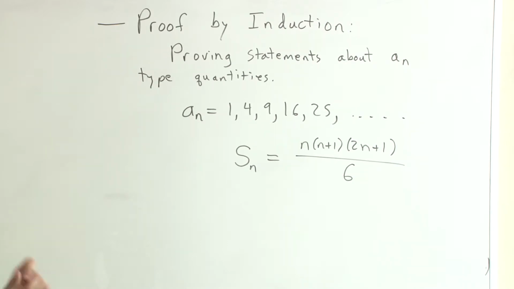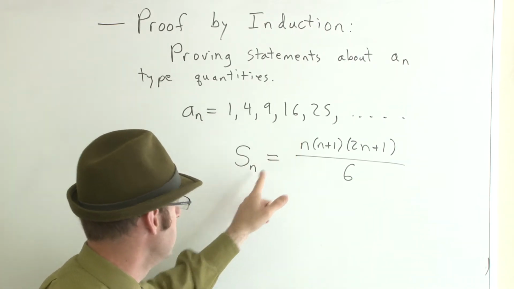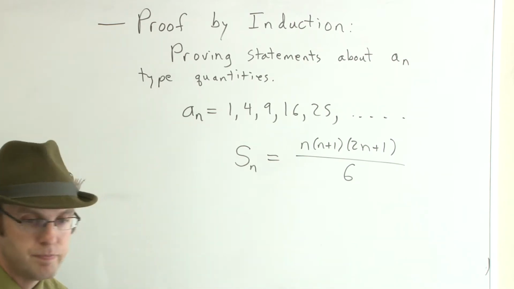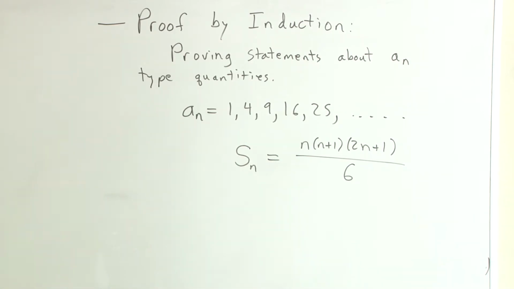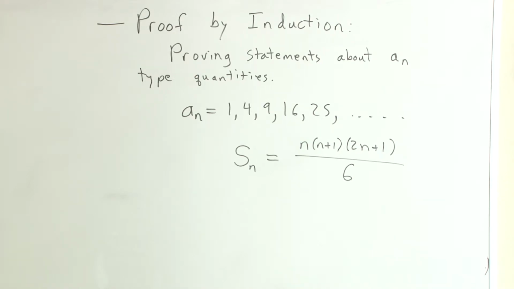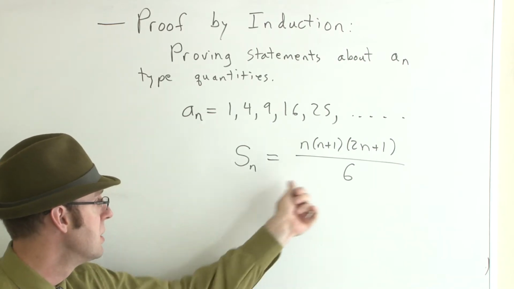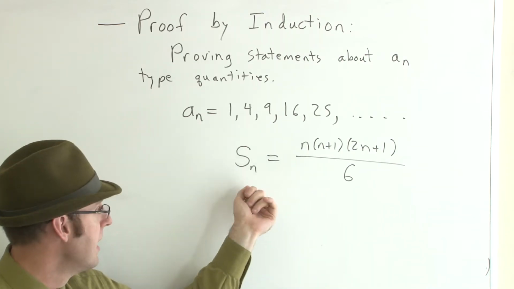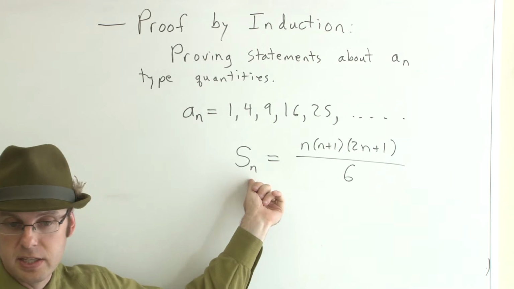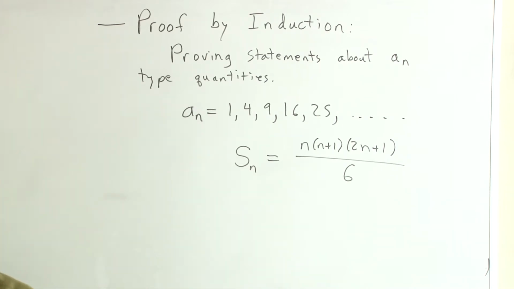This is a statement which relies on indices, and so it's a candidate for proof by induction. Anytime I have a statement asserting some equality, and that equality is based on an index which can change, I'm probably going to want to look into proof by induction.